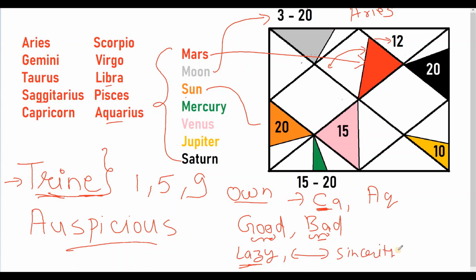Now that kind of extreme fluctuation from really bad to really good will not happen if Saturn is in Aquarius, and especially in the Mool Trikon sign of first 20 degrees.